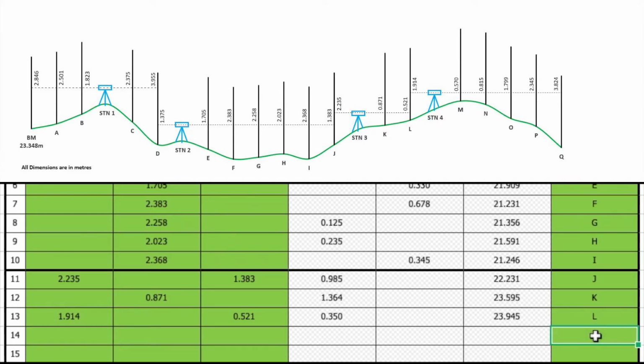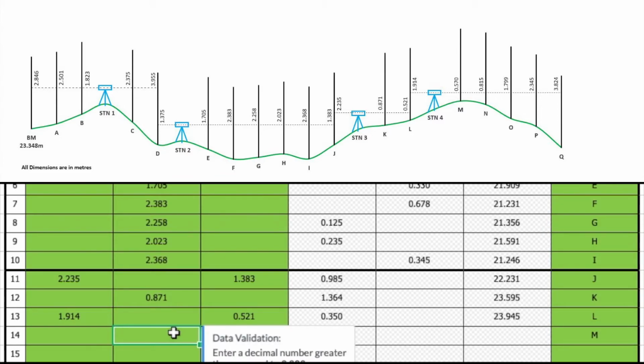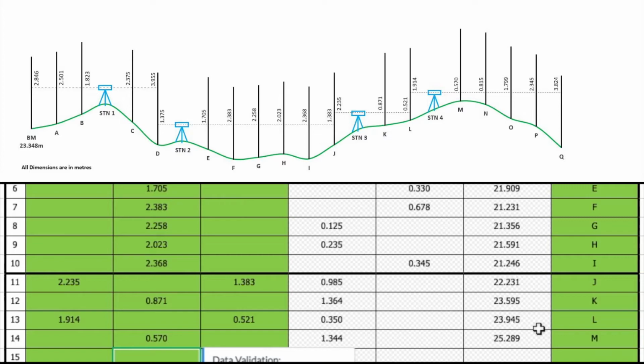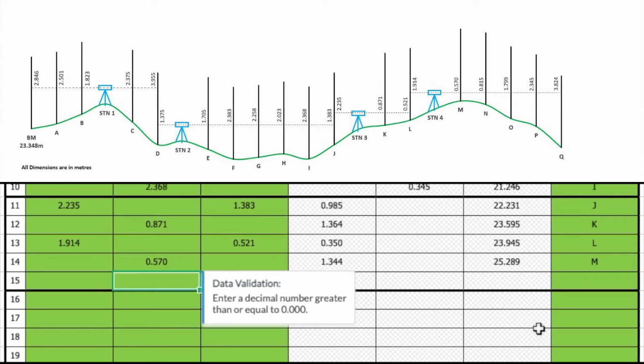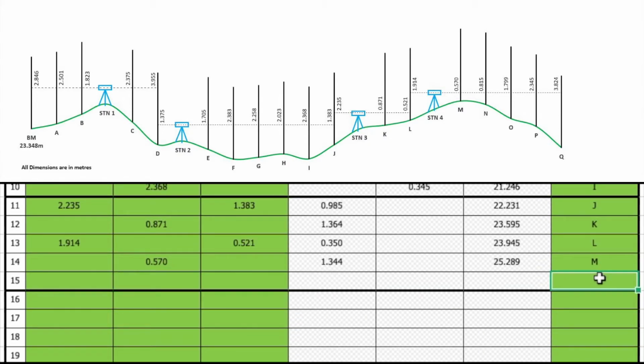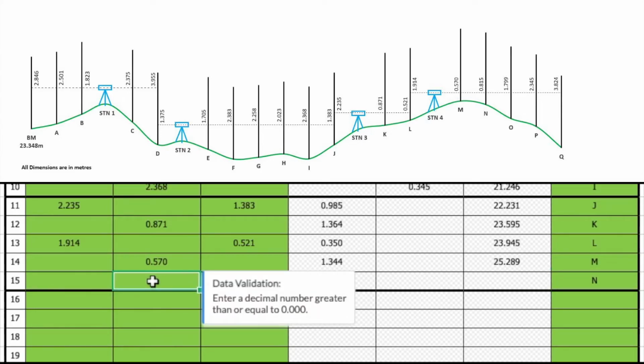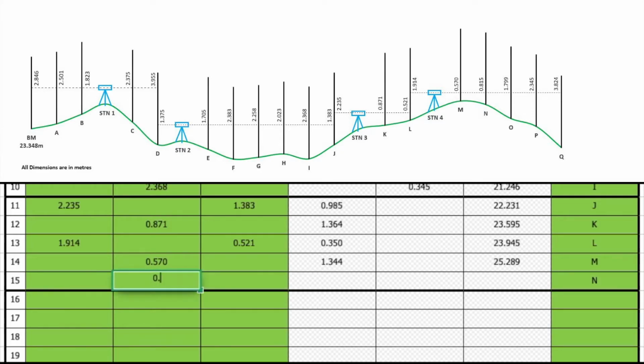Next point, point M. This is an intermediate reading, 0.570. Point N, again an intermediate reading, 0.815.